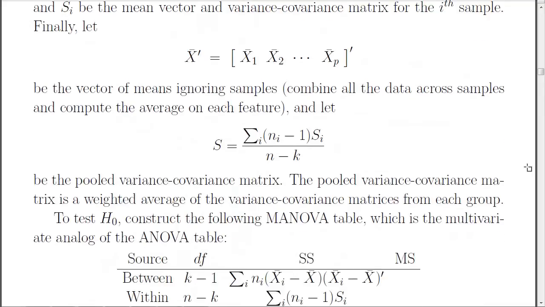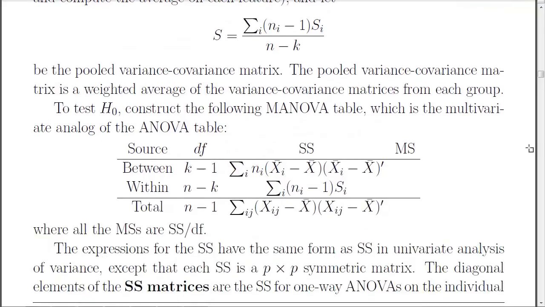We can calculate the covariance matrix over all features for the entire population by calculating the covariance matrix for each group and then taking a weighted average of those 2 groups. And finally, just as in analysis of variance, we have a MANOVA table.